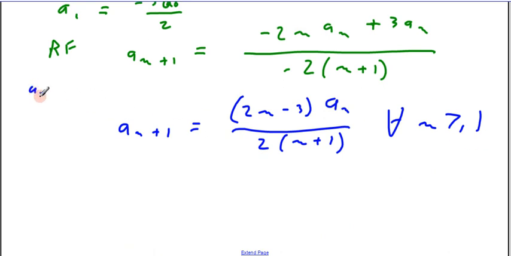So a0 is arbitrary. a1 is minus 3a0 over 2. Doesn't look too much like a 3 though.